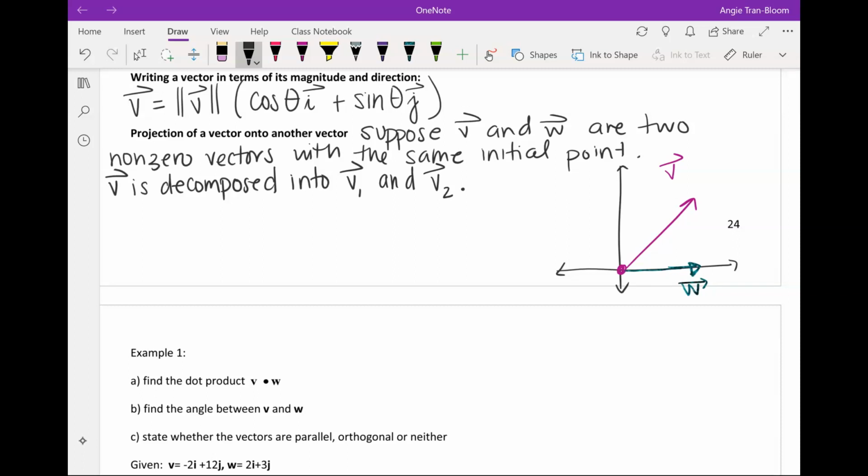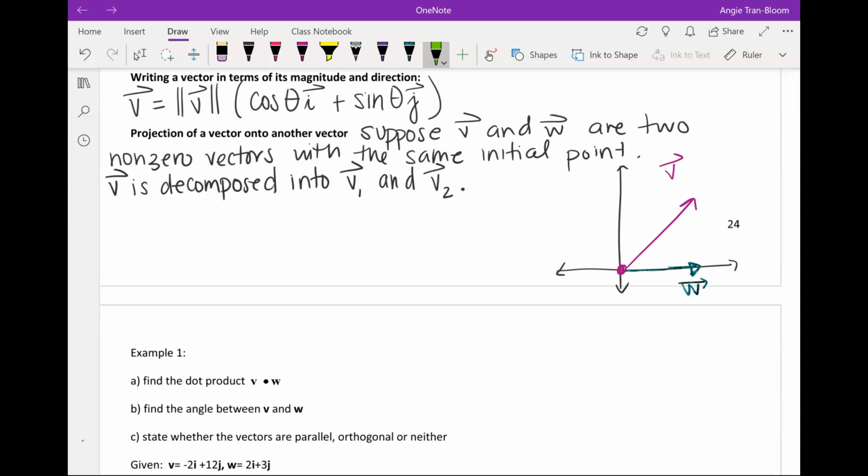What does that mean? It means I'm going to take my original vector, which is in that pretty color right there, and break it into 2. But with these two vectors, v1 and v2, when I add them up, it must be back to the original.